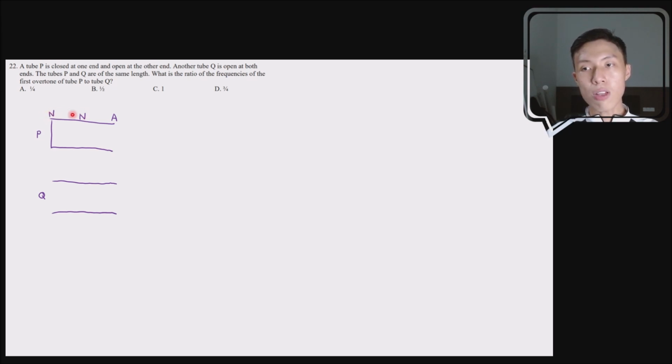Therefore, in between these two nodes, there must be an antinode. So let me arrange it nicer. You introduce a node to go to the first overtone, but since node and node cannot be side by side, you need to introduce an antinode in between the two nodes. So this will be the first overtone.